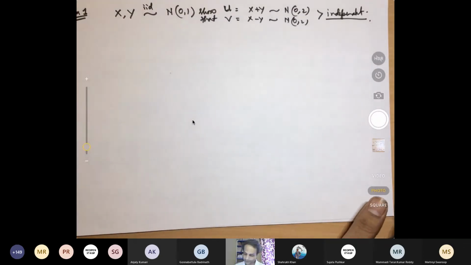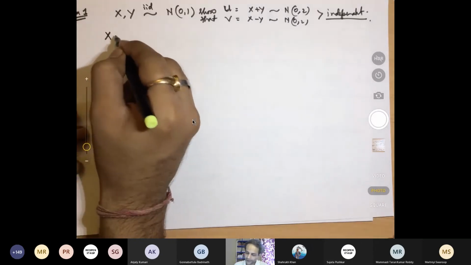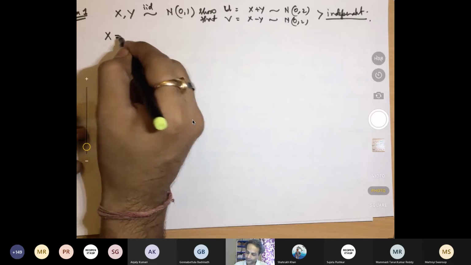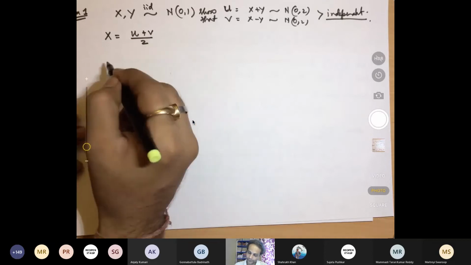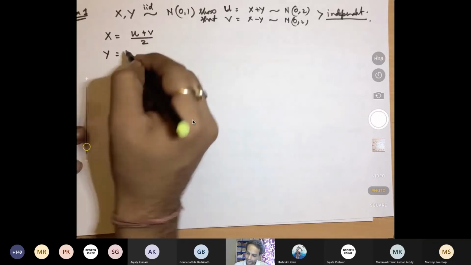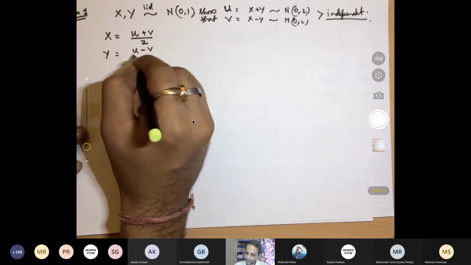It is very simple. Let us go step by step. So first, try to express x in terms of u and v. So x equals u plus v by 2, y equals u minus v by 2.